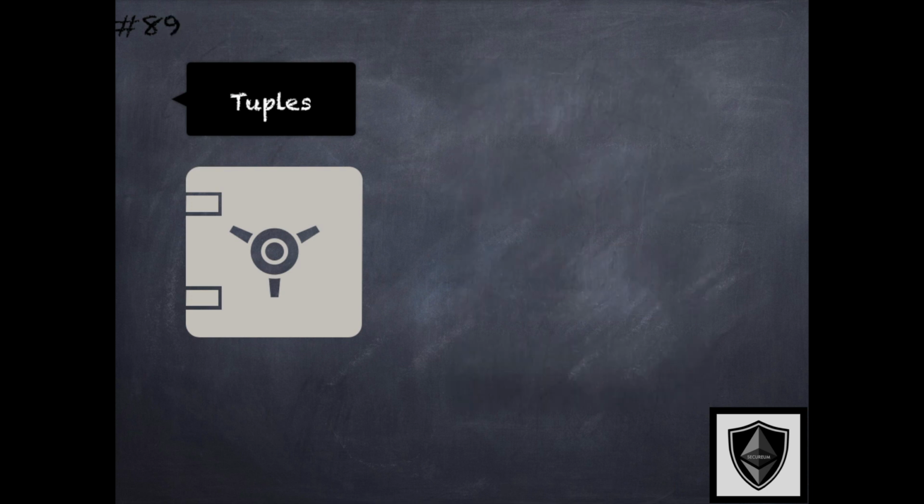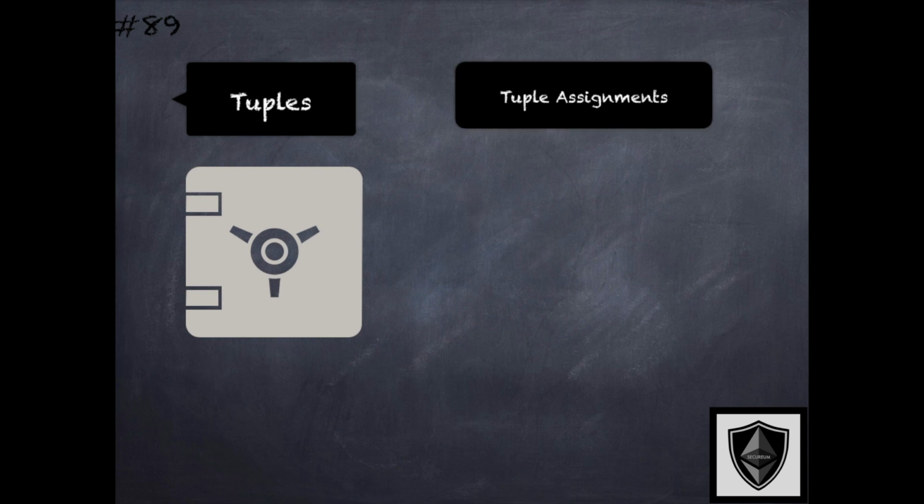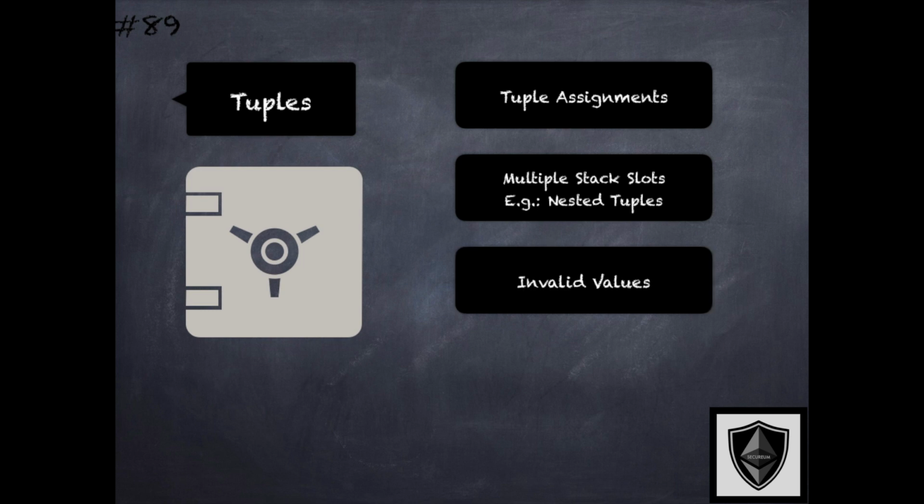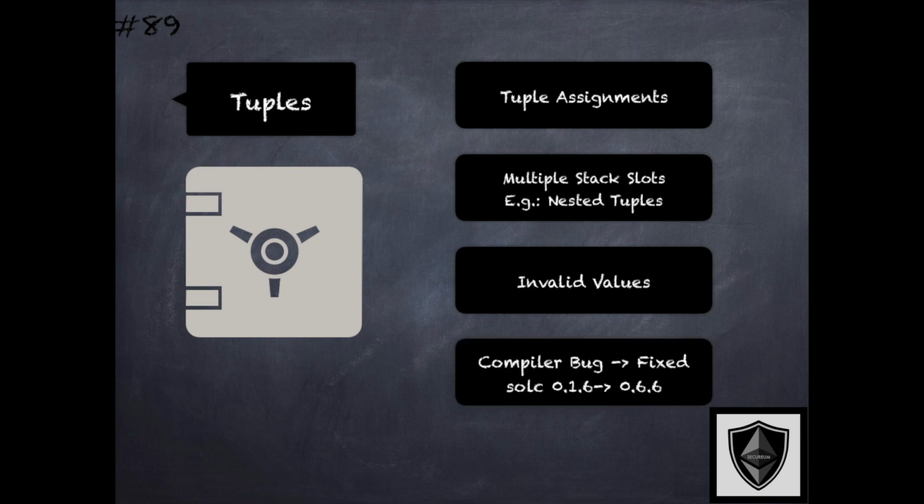This was another compiler bug, this time related to tuples in Solidity. Tuple assignments where the components occupied several stack slots, for example in the case of nested tuples, resulted in invalid values because of a compiler bug. And notice again that this compiler bug lasted across 5 breaking versions, all the way from 0.1.6 to 0.6.6.